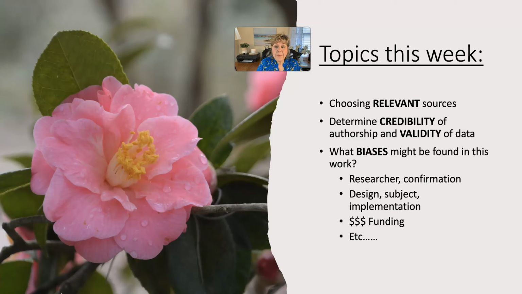So look for credibility. Validity of data. Did you test for what you said you needed to test for? Or was it totally off the wall and it means nothing and it has nothing to do with this issue whatsoever? So you're looking for the validity of the data also.